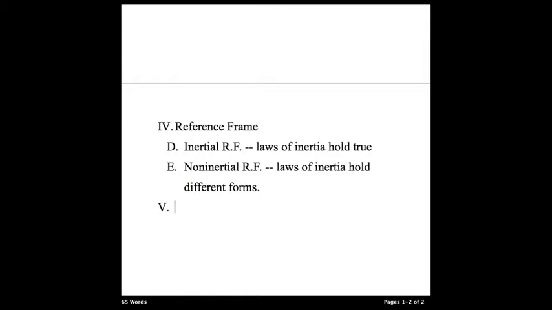The law of inertia is one of the three Newton laws, or laws of Newton, I guess. And the law of inertia is the second one, but let's go in order. So Newton's laws of motion.